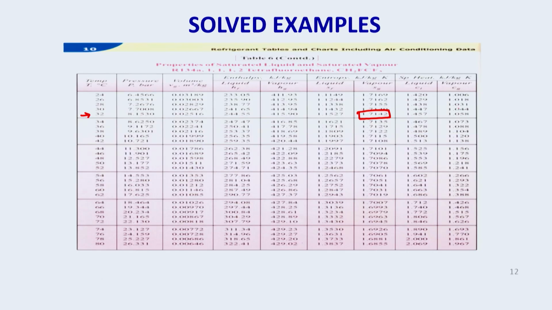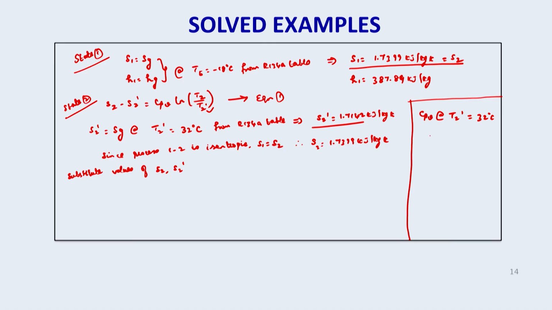Cp of vapor is 1.058, from the R134A table. Now we can substitute the values of S2, S2 dash, Cp of vapor, and T2 dash in equation 1.